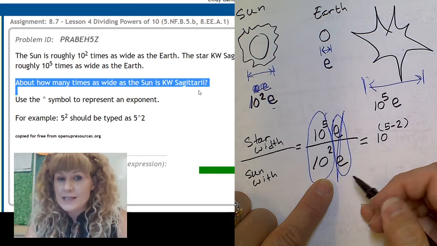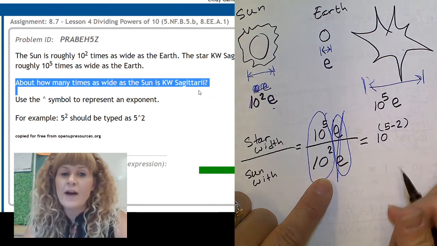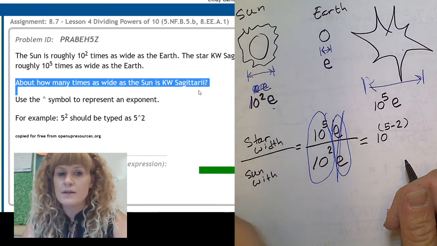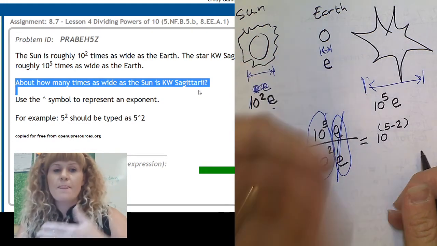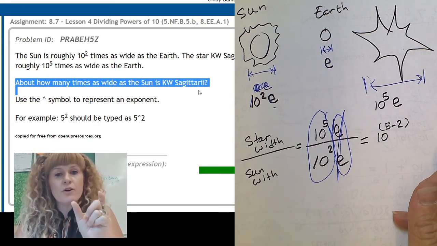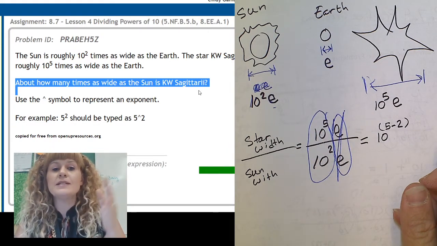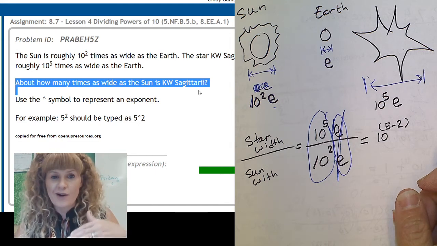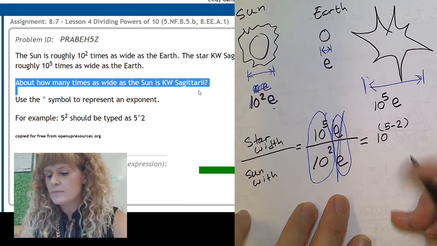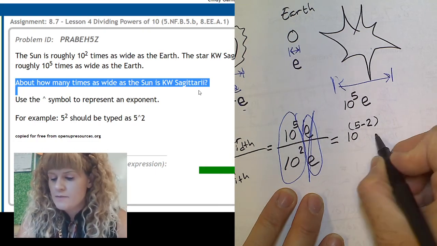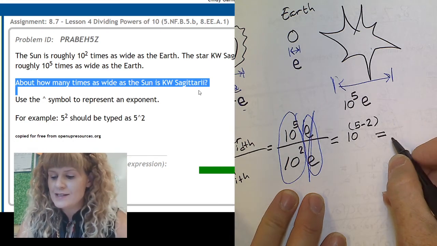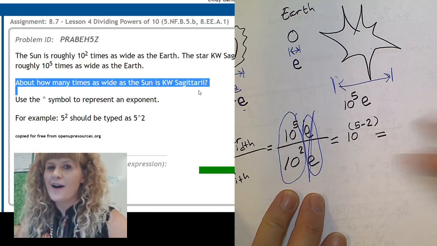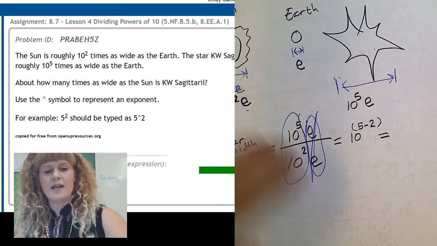And I'm expecting that to cancel out because I'm finding how many times bigger it is, a ratio. So the width of the Earth doesn't matter. It's how many times bigger the star is than the sun. Anyway, my final answer is 10 to the power of, and then you do it and enter your answer.